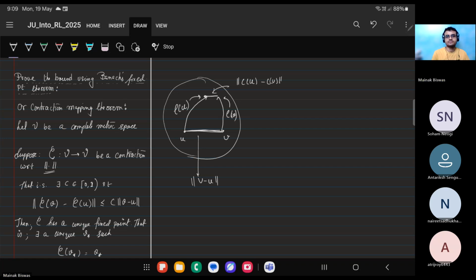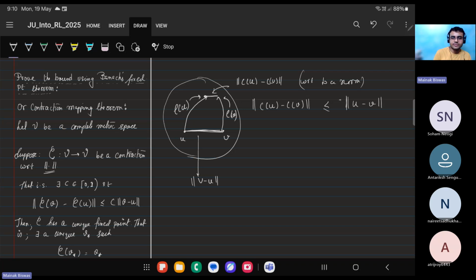Questions? So a contraction is defined like this: the norm of Cu minus Cv is at most c times the norm of u minus v, for some constant c.